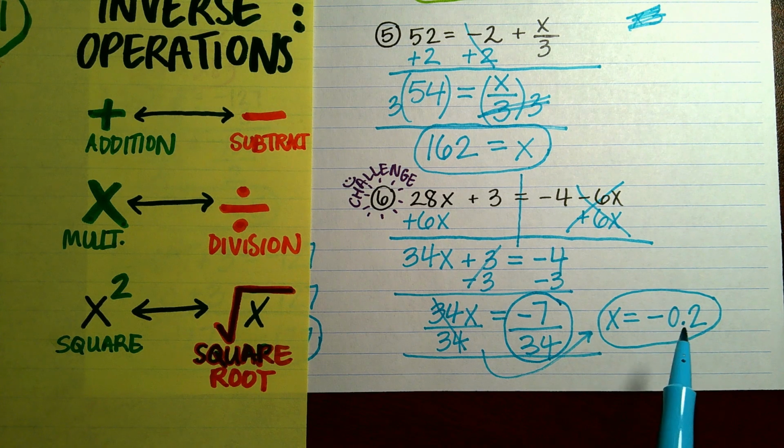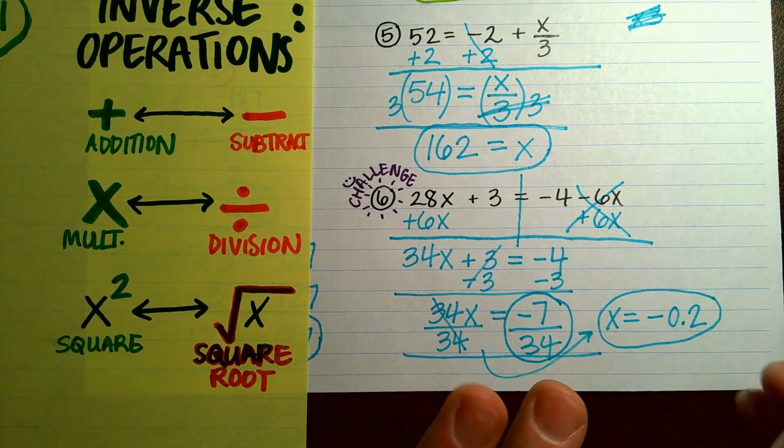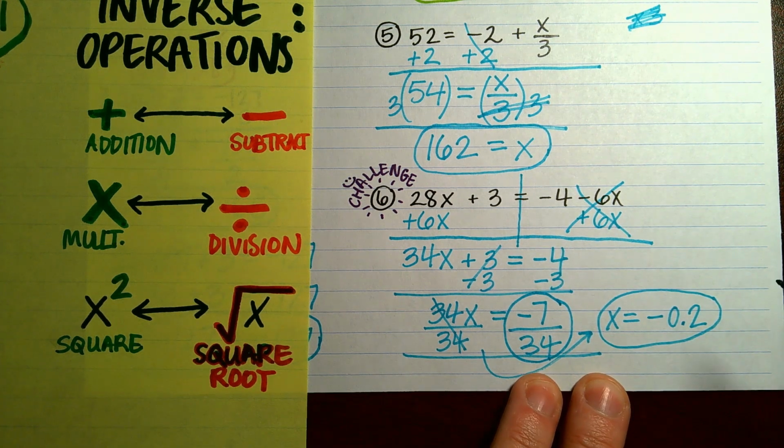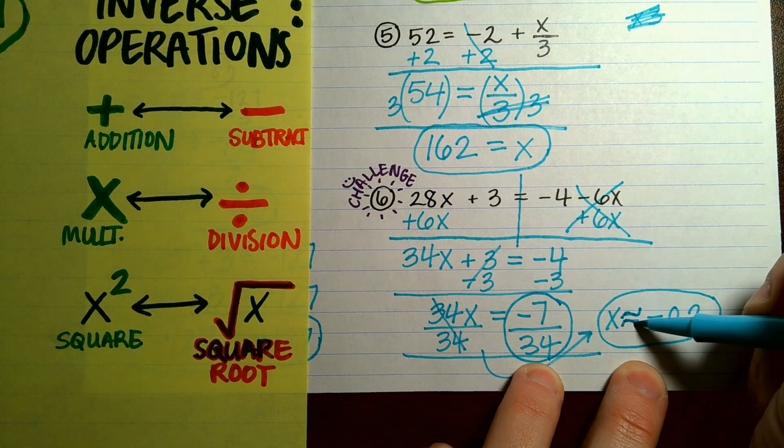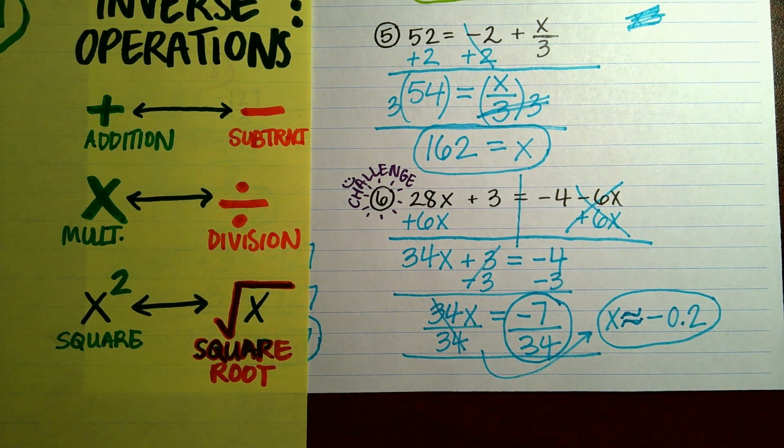Whenever we do the division and we get that decimal and we don't include all those places, to be exact, x is just approximately -0.2. This is not the exact answer, but it's what we approximated. We'll talk more about that later.